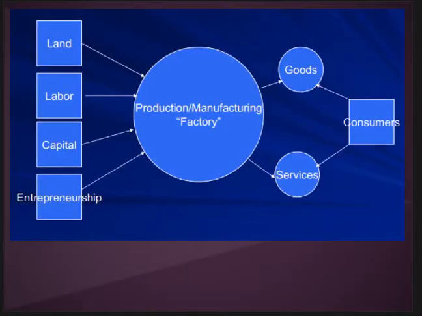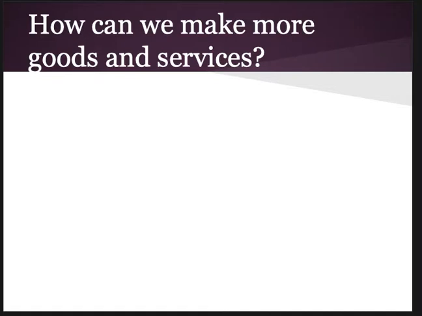When we take these four factors of production and put them together, we get into the production stage, manufacturing or factory work, used to produce goods and services which we distribute to consumers. So the question is, how can we make more goods and services?